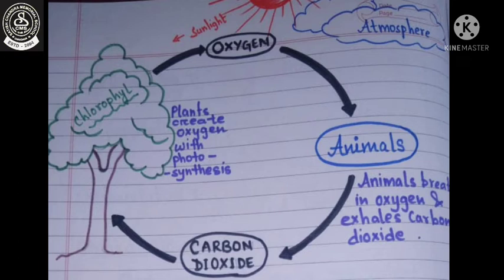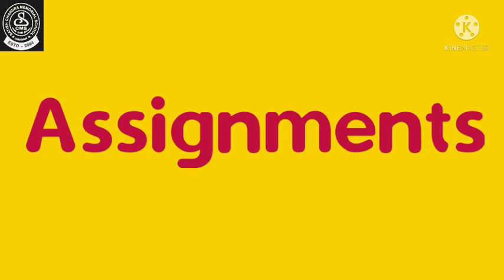So with the help of this diagram, we can easily understand that both plants and animals are interdependent on each other. If plants are not there, animals will not be able to survive, and if animals are not there, then plants will not be able to survive. Understood, students? Now it's time to do some assignments.